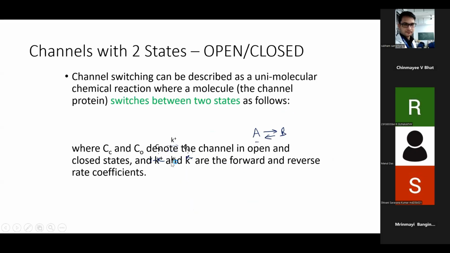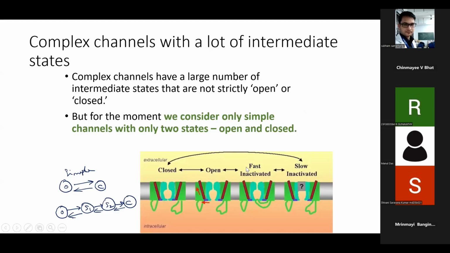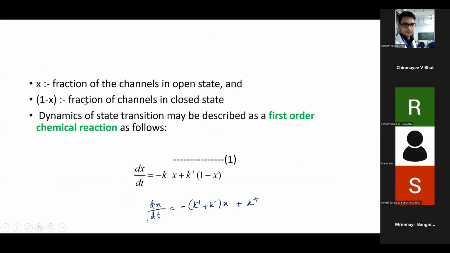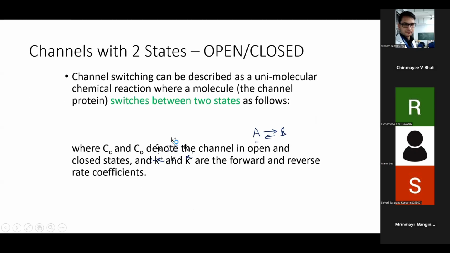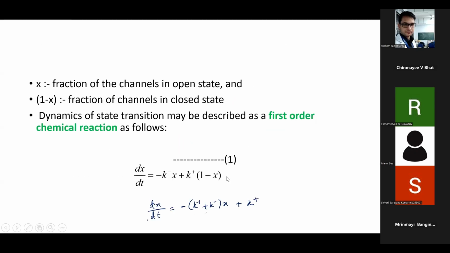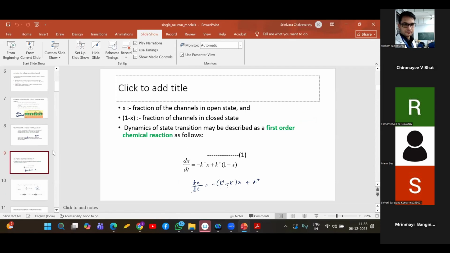So X is the fraction of open channels, let us say, right? Then 1 minus X naturally becomes the fraction of closed channels.